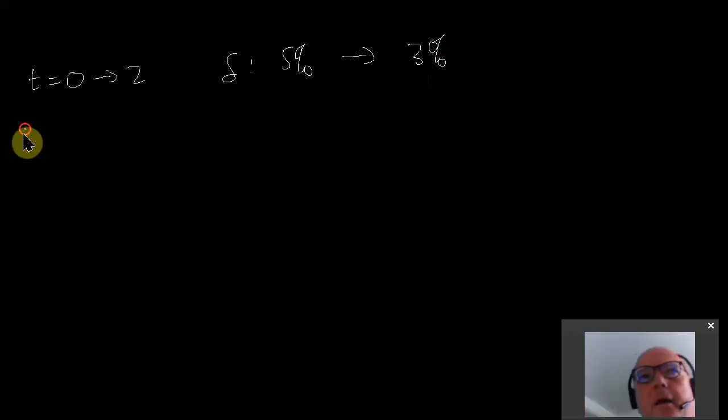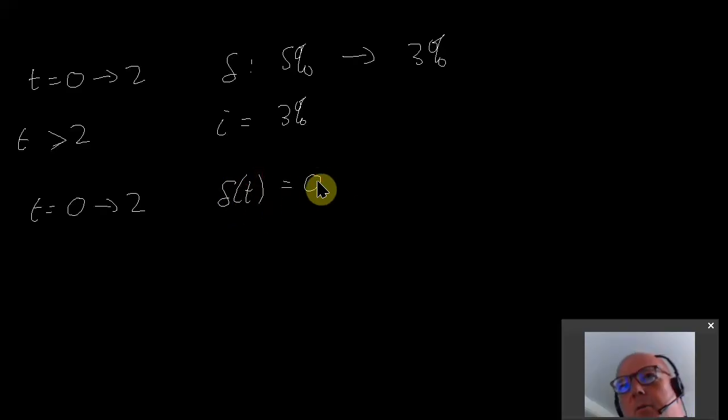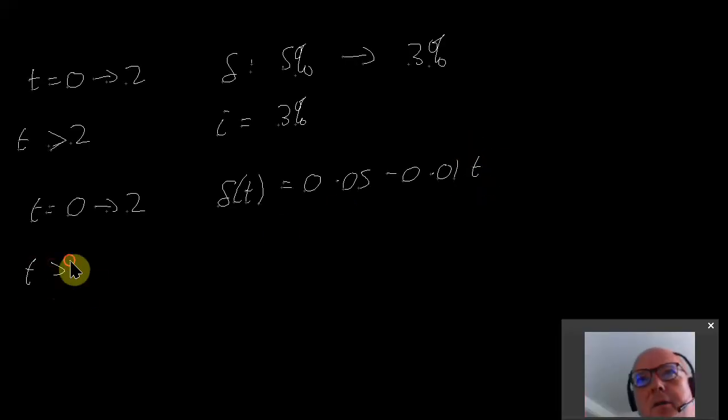So t equals 0 to 2, delta goes from 5% to 3%, then t greater than or equal to 2, I is equal to 3%. Okay, well all I've got to do is, for t 0 to 2, delta of t equals 0.05 minus 0.01t, and then t greater than 2.